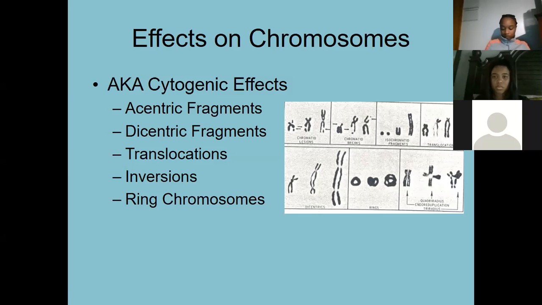One chromosome then has too little information, one has too much. Inversions occur when the chromosome is broken at two locations, and instead of repairing correctly, the fragment flips over. So you've got all of the correct genes, they're just not in the correct order.